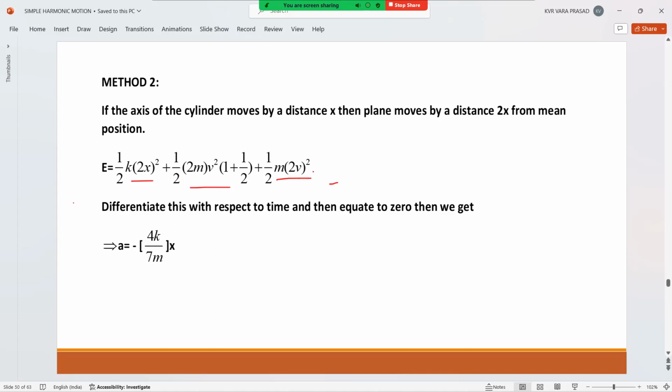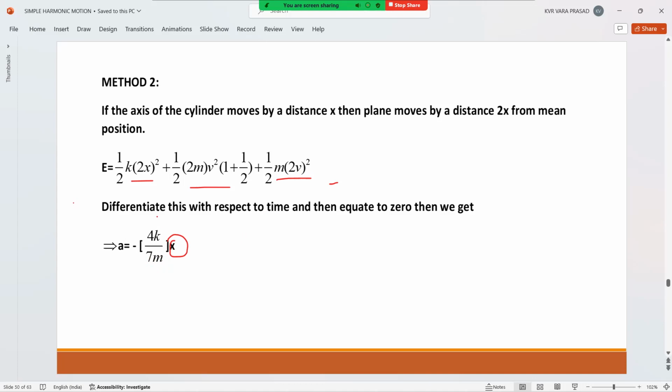Now differentiate this, make it equal to 0. Then we are going to get A equal to. But remember in this one, why we have taken here x, and there, why we have taken 2x. So students may get a confusion here. So here, x is a displacement of the axis of the cylinder, right?